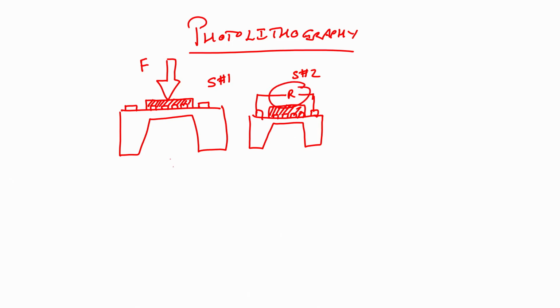Now, what is this? I have to just draw oxide, because we all know that we cannot have metal on semiconductor. So, we are having a thin layer of oxide to start with.